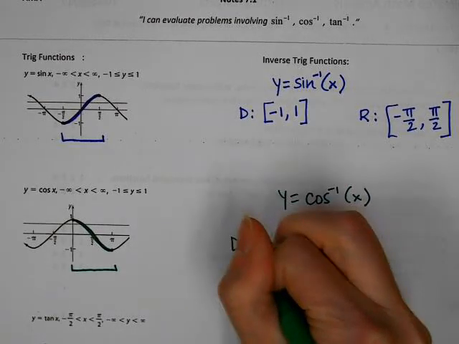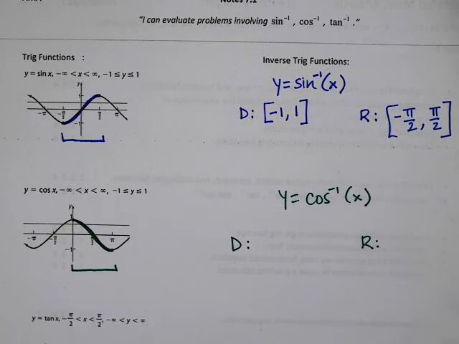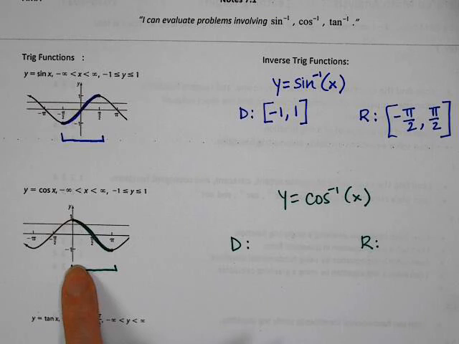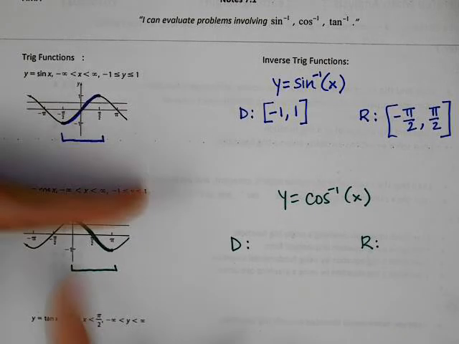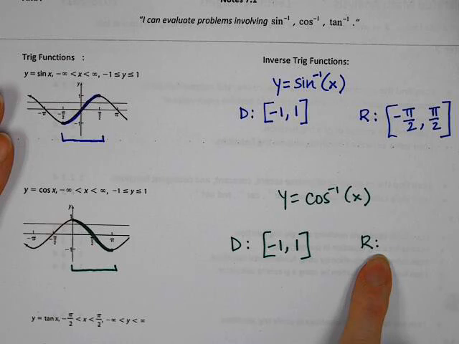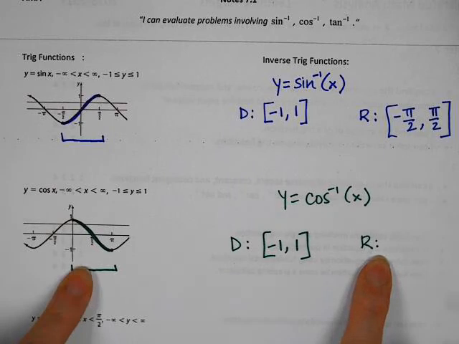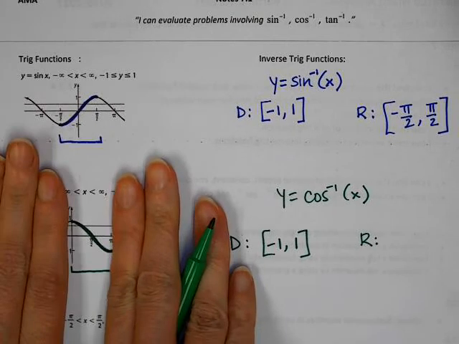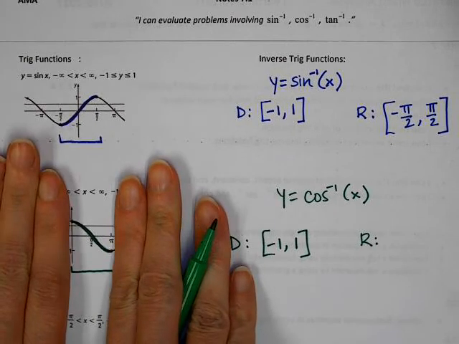So when we find domain and range of inverse cosine, we're restricting it to this interval. Okay, the domain is going to be the old range, so -1 to 1. The range is going to be the old domain, but only our restricted area here from 0 to pi.